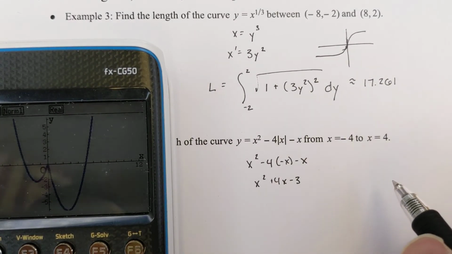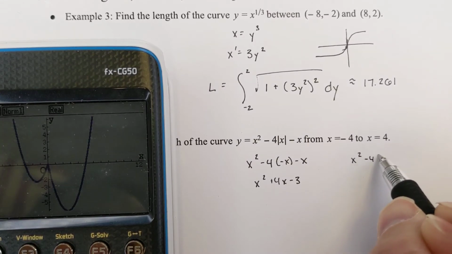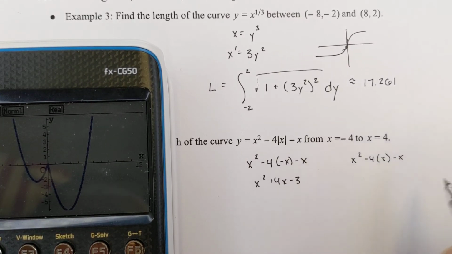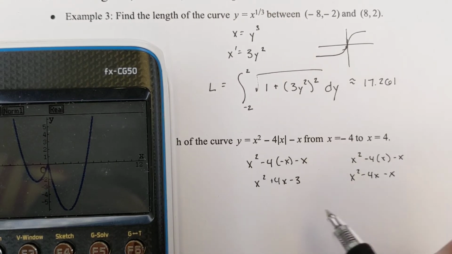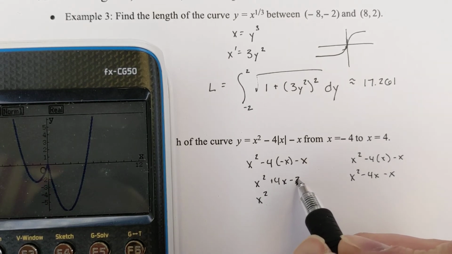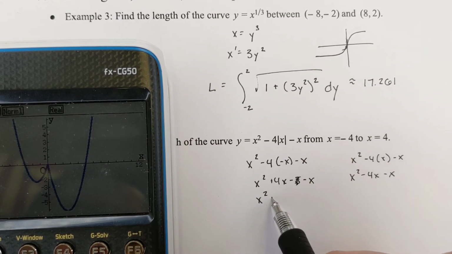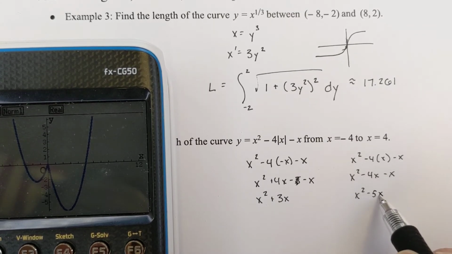And since the absolute value could be positive or negative, you'd also have to try this one. So x squared minus 4x minus x. So I actually have two equations. So I have x squared, whoops, I don't know where that 3 came from. It should be minus x. So plus 3x. Over here I have x squared minus 5x.